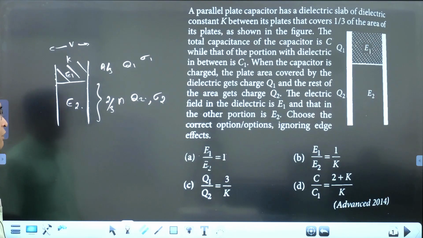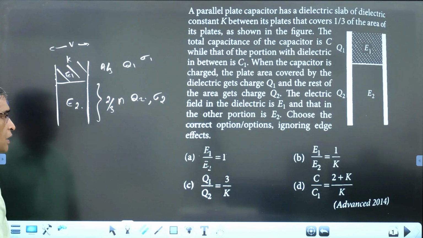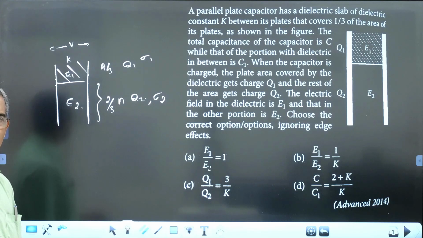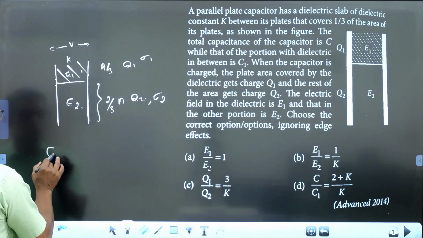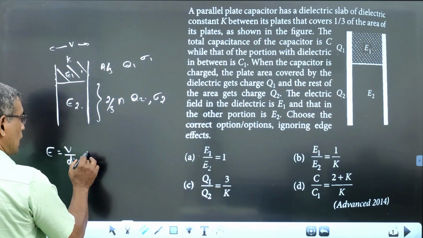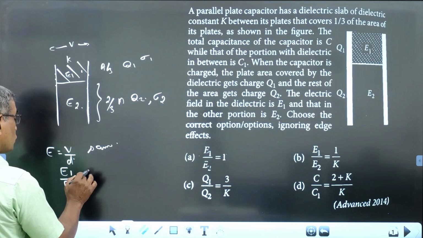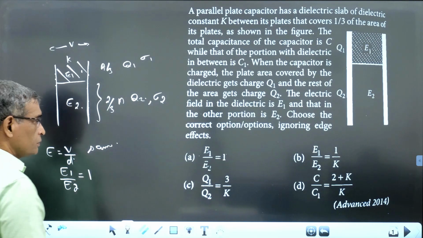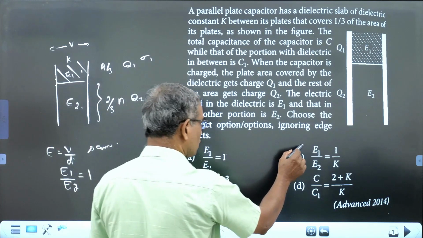The electric field intensity is PD per unit separation, and since the separation D is the same, the field is V by D in both regions. That means E1 by E2 is equal to 1. So this option is correct, and at once this other option is wrong.